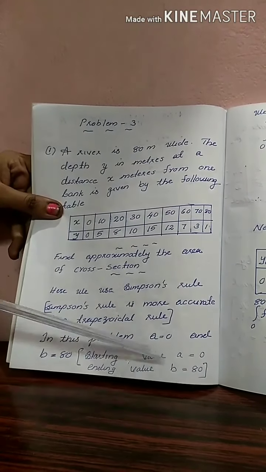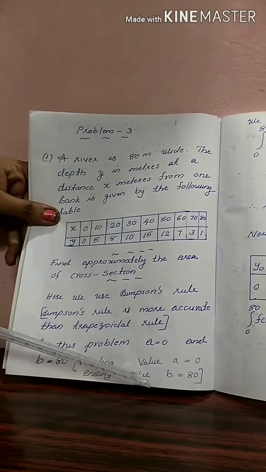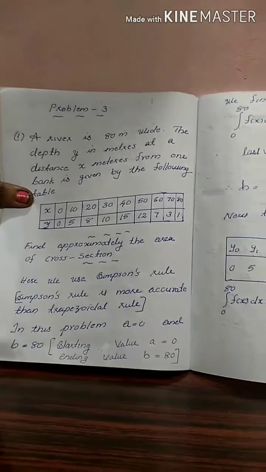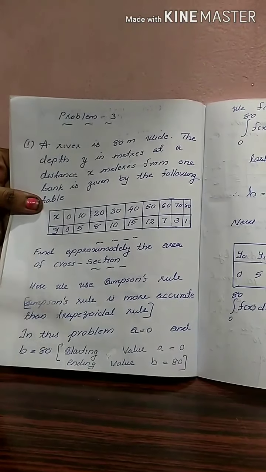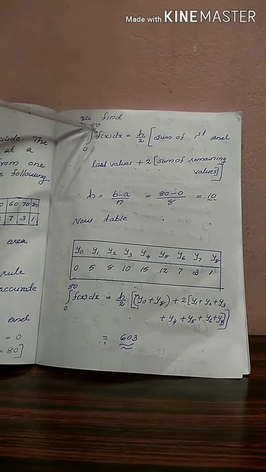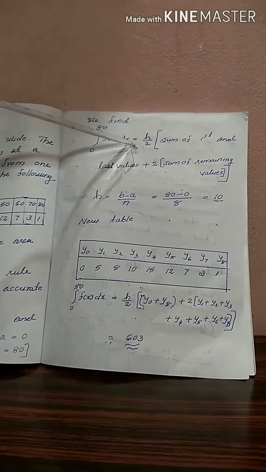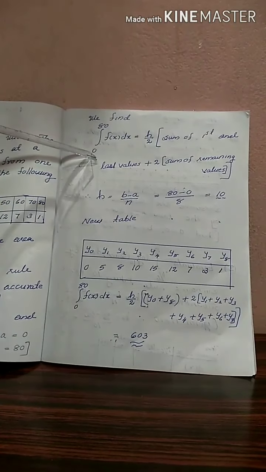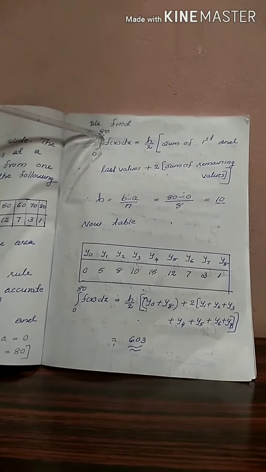Do you understand? Therefore we find the integral from 0 to 80 of f(x) dx, where a is 0 and b is 80.